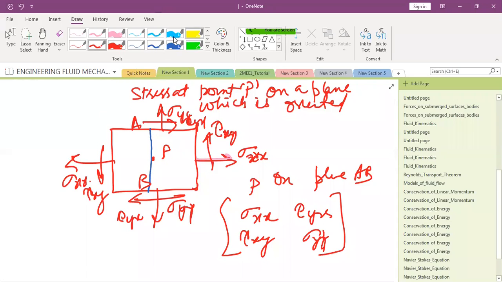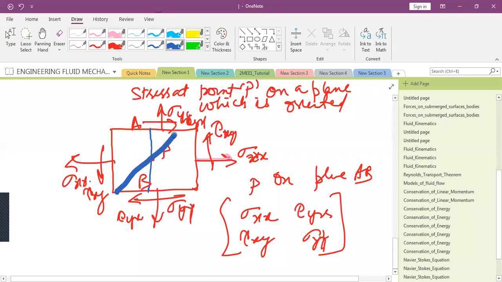But instead, say I ask you, what is the state of stress on a point P on a plane CD? What will be your answer? Now the plane CD has changed. The point remains the same. What is this equivalent to?